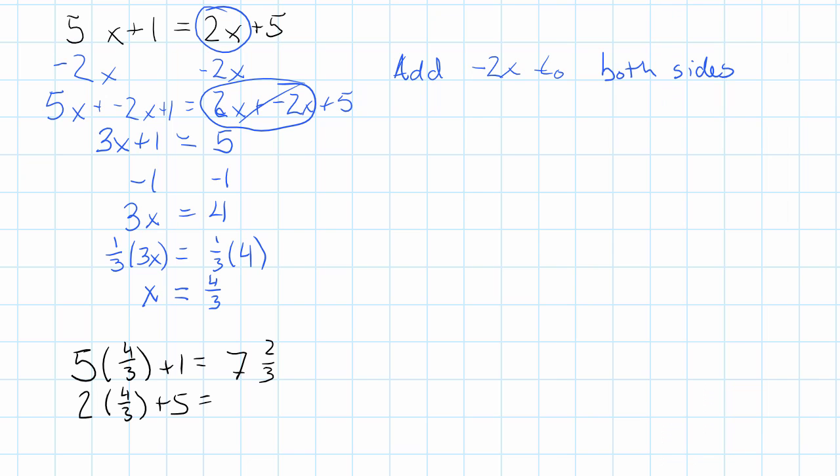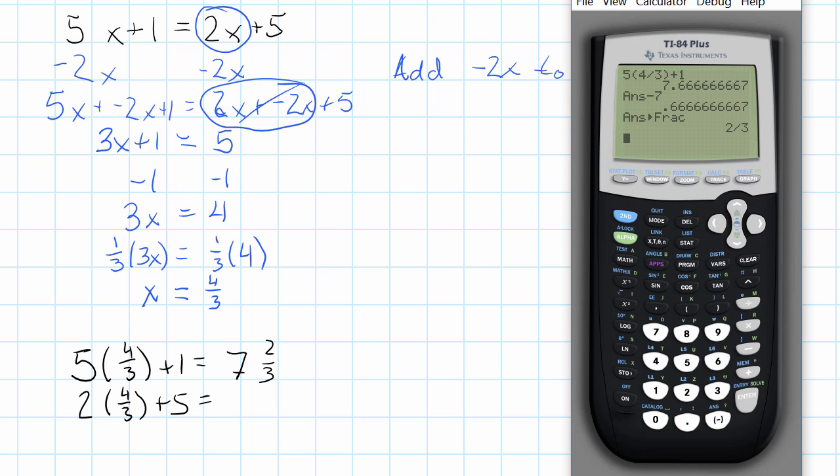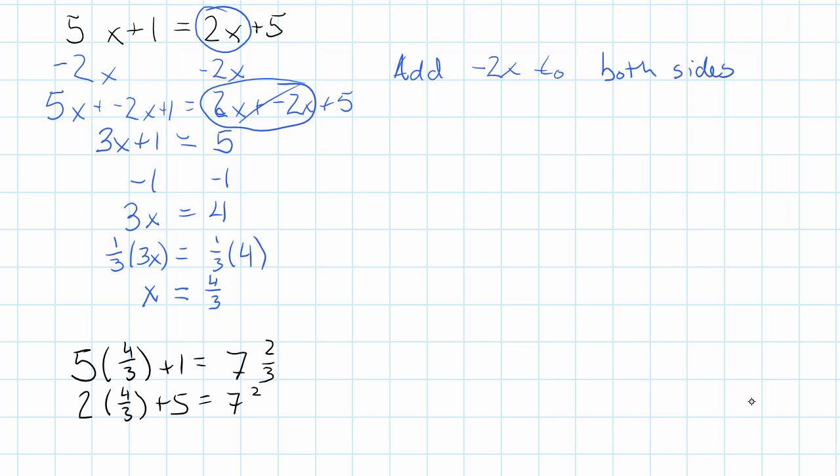On the other hand, 2 times 4/3 plus 5, that's that same number again, 7 and 2/3. Those are the same, so these really are equal.